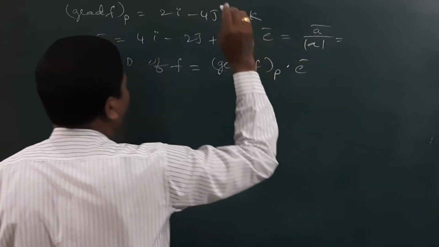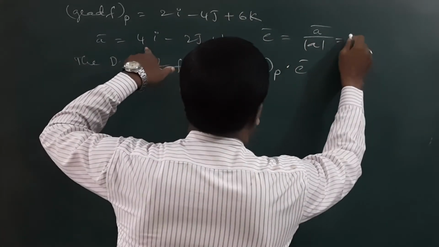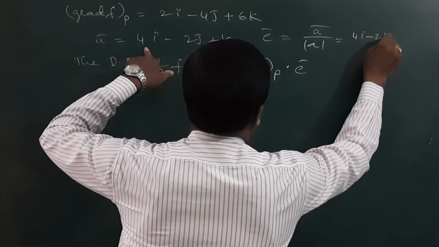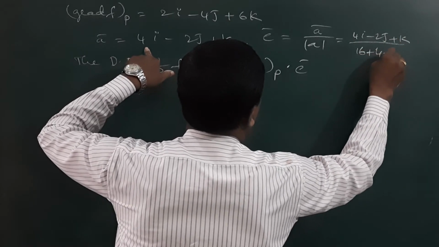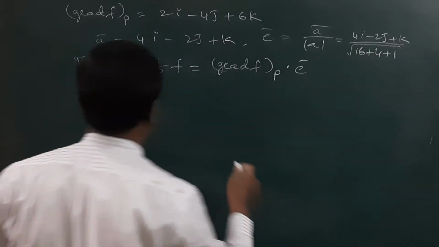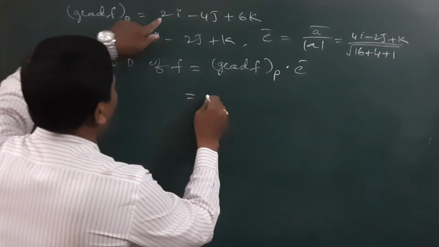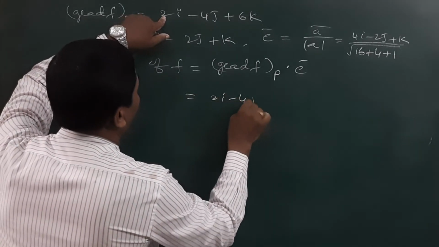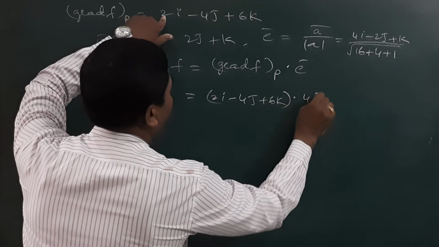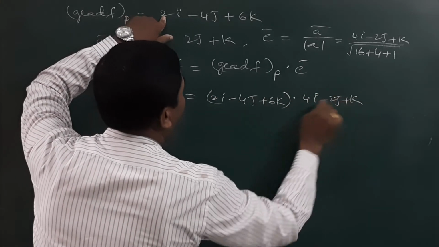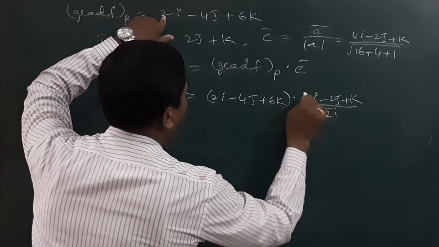This is equal to 4i minus 2j plus k by the square root of 16 plus 4 plus 1, which is 21 only. This is equal to 2i minus 4j plus 6k dot 4i minus 2j plus k by root 21 only.